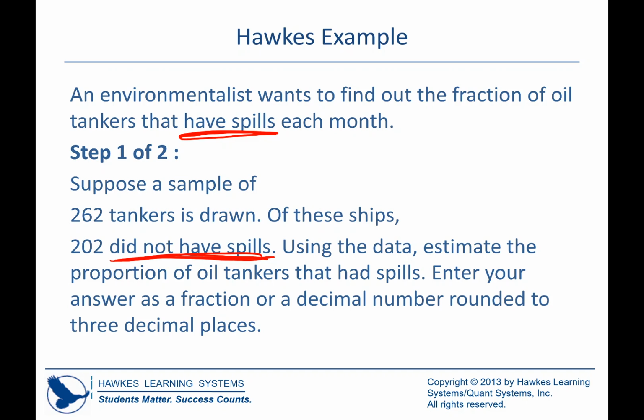If we want the ones that have spills and it gives us the ones that do not have spills, what do we have to do to get our top number? Subtract, yeah. So we want X over N, but X is the ones that did not have spills. So we do 262 minus 202.